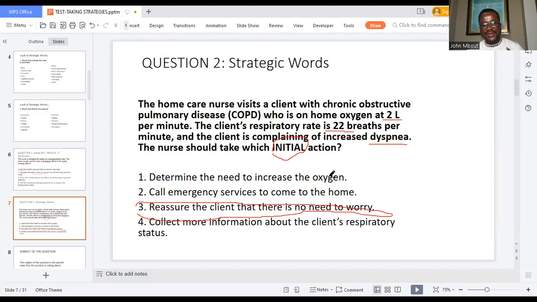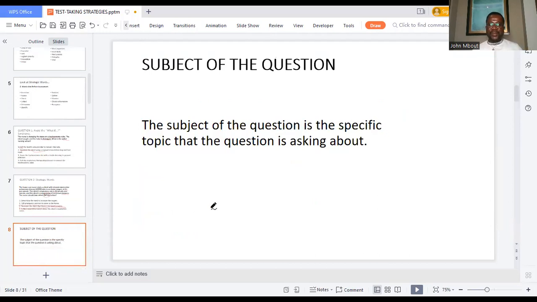Okay, it's getting more interesting. Let's move on. Now, another tip that we can apply is the subject of the question. When they ask a question, focus. We saw it on the second page of our presentation. Focus on the subject of the question. What is the subject of the question?